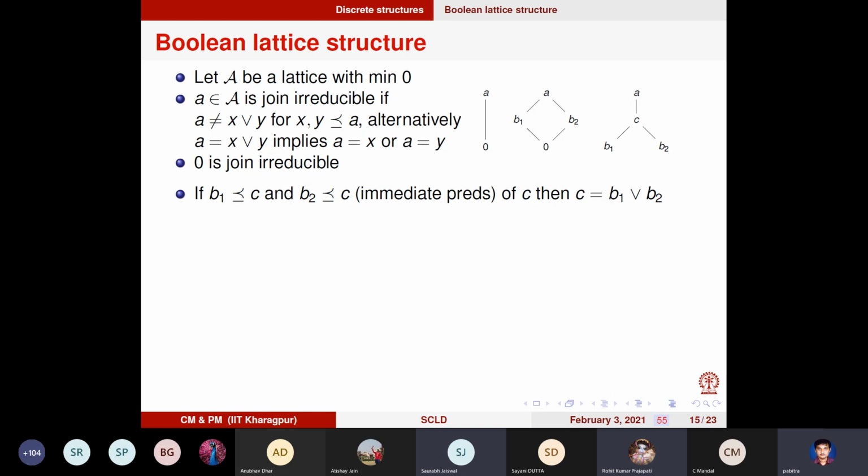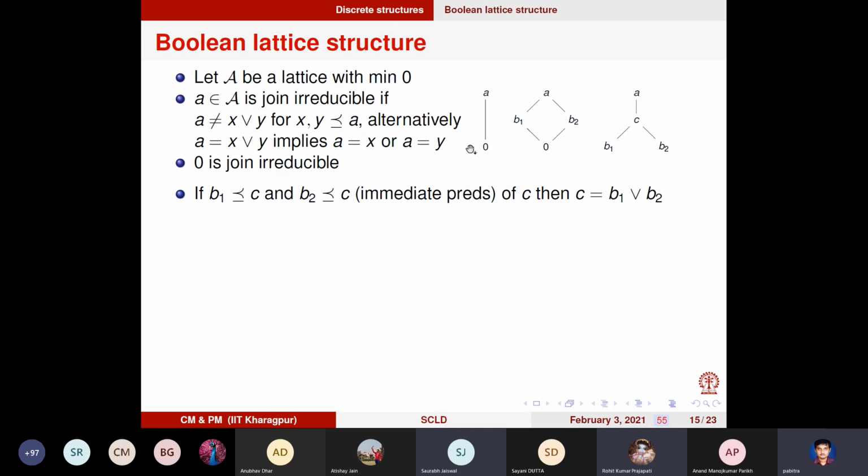So we should take x and y less than or equal to 0 if we want to find this. See, we'll do it this way. Let's say a is any element of this lattice. Join irreducible is a property of an element.